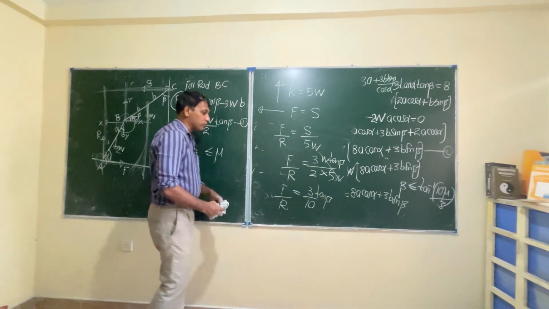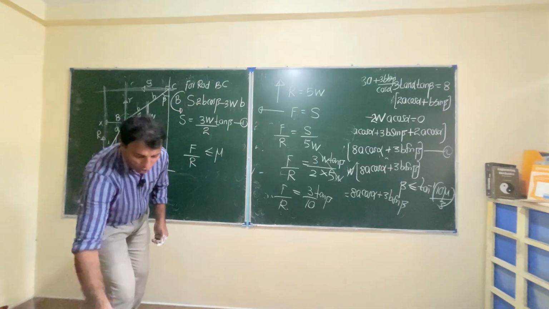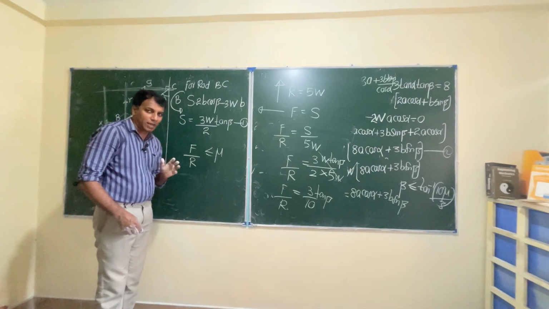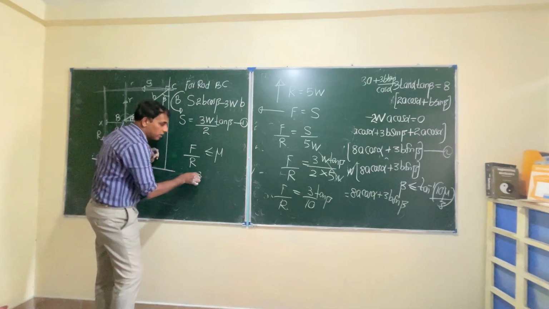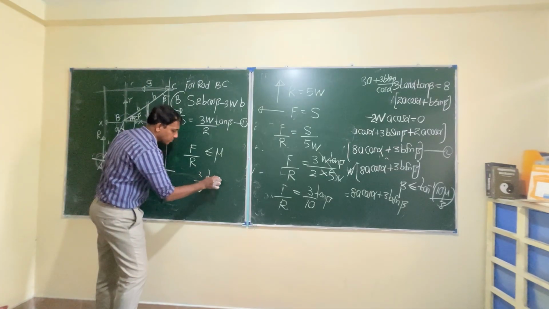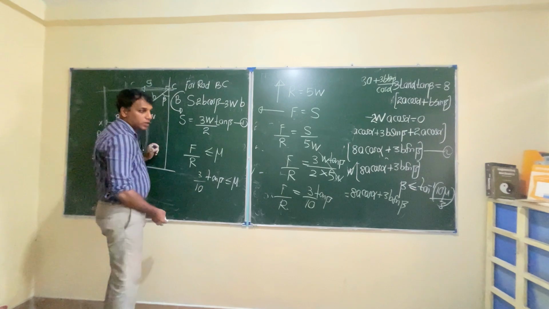So now come back to this and write a sentence. For equilibrium, or limiting equilibrium, F over R is less than or equal to mu. Therefore, 3 over 10 tan beta is less than or equal to mu.